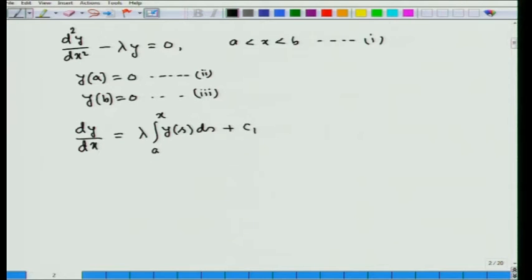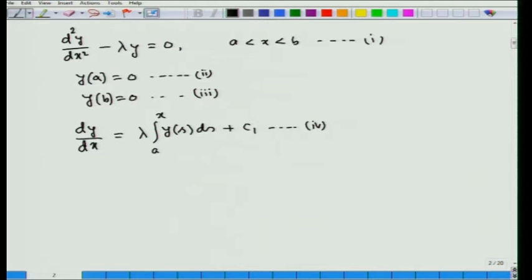On the right hand side you can see I am integrating from a to x, and since x is at the upper limit, the variable considered here is s, and I am writing C1 because for the given problem there is no information about dy dx at x equal to a. So we will determine this C1 at a later stage. Call this equation 4.